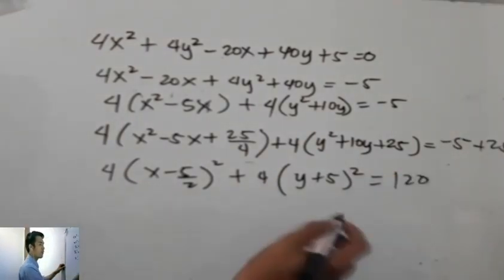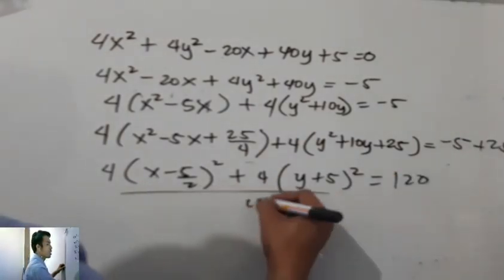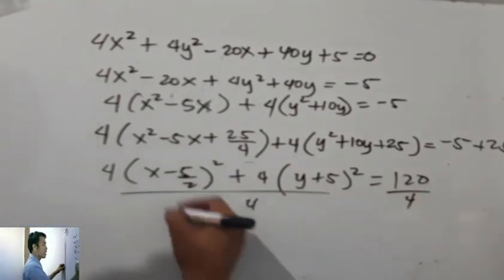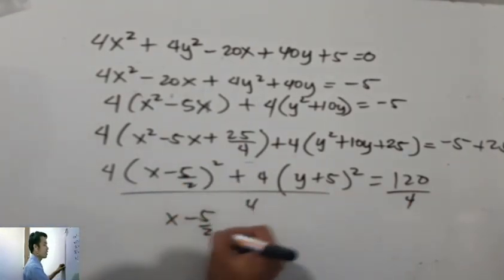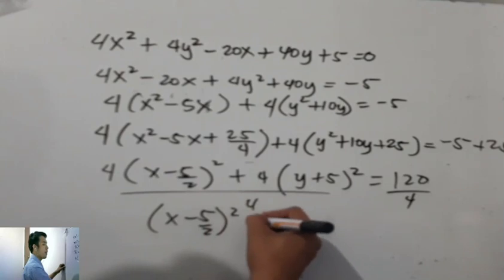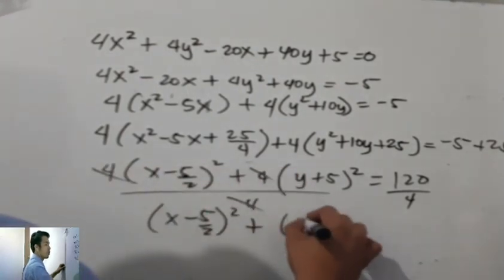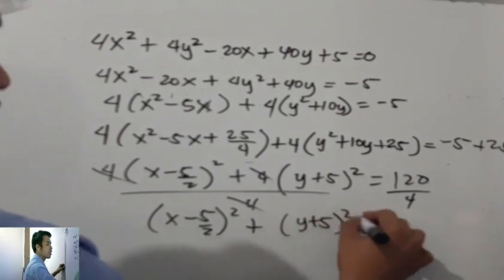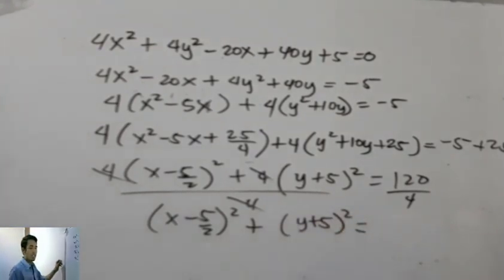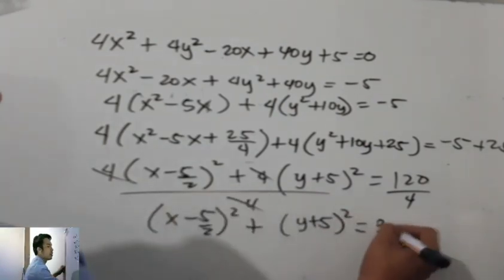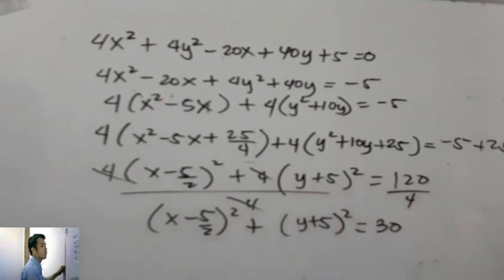Divide both sides by 4 to make it simple. We have x minus 5 halves squared plus y plus 5 squared is equal to 120 divided by 4, and that is 30.